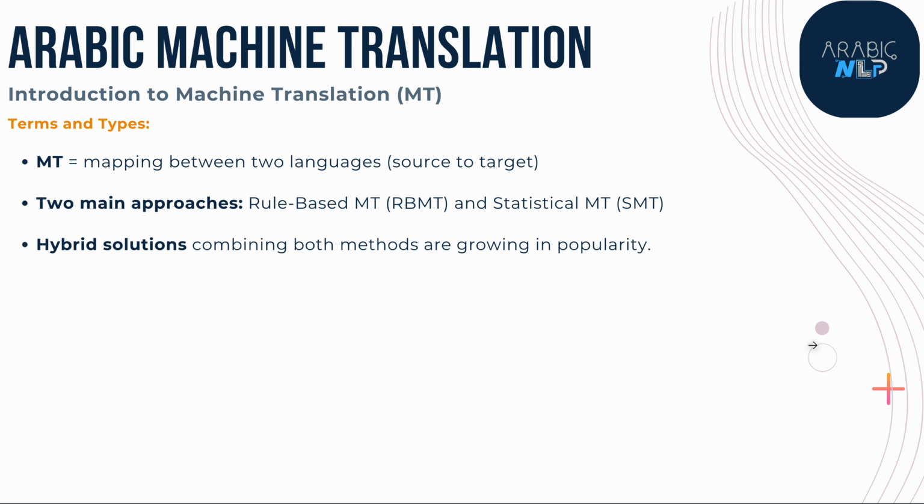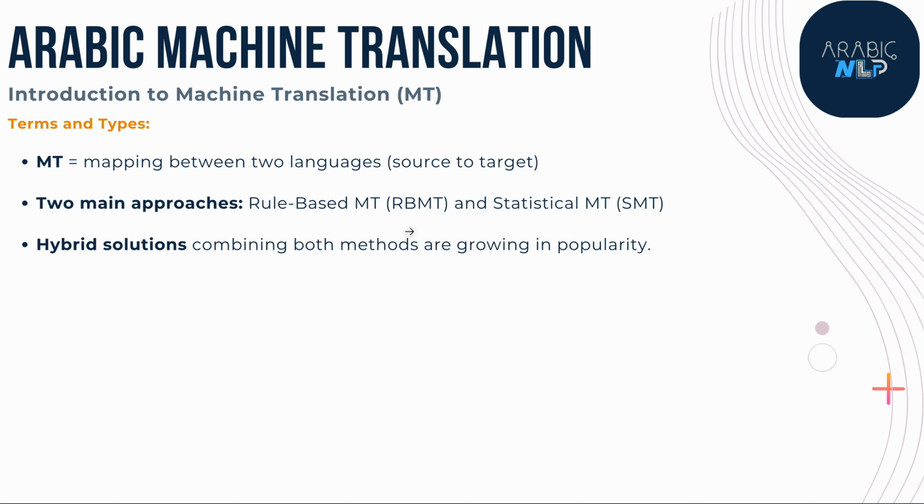Okay, so machine translation is the process of automatically translating text from one language, which is called the source language, to another language, which is the target language. And we have two main approaches to this task. We have the traditional approach, which is the rule-based. We call it RBMT, which relies on linguistic rules and dictionaries.